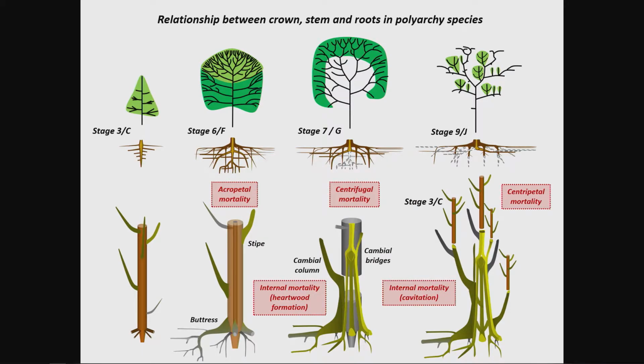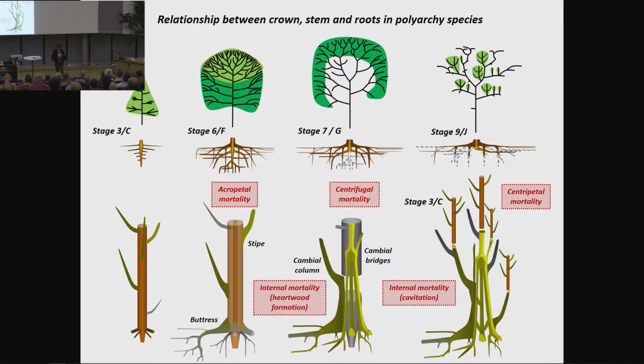I said that Pierre studied the crown and the relation between the crown and the root system. Well, what Giovanni and I did is to study the stem in this framework. If you look at the stem, in early stages, it's like a cylinder.